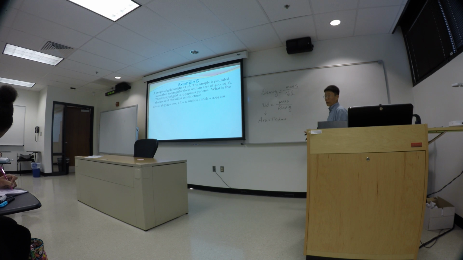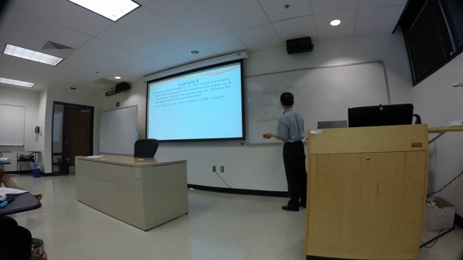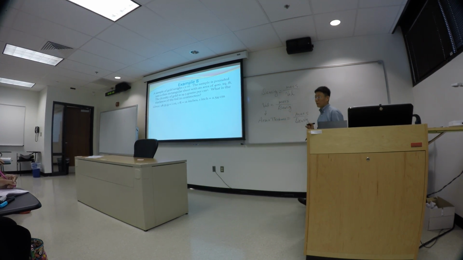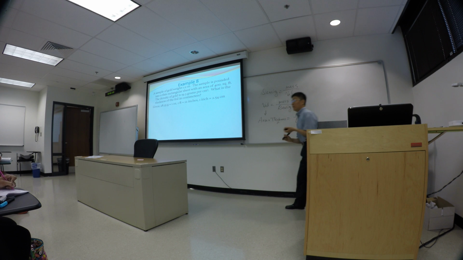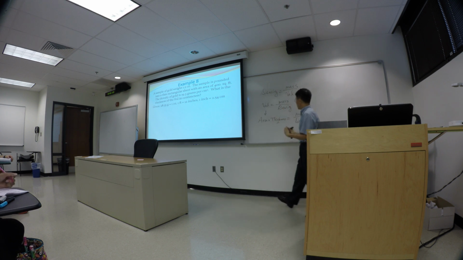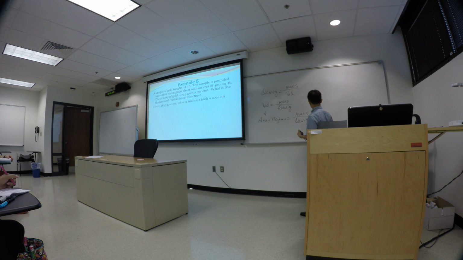In this case, it's rectangular. So area times thickness equals mass over density. Thickness is the unknown. So basically, if you multiply by 1 over area on both sides, you cancel out the area. Okay. So thickness equals the mass divided by density divided by area.